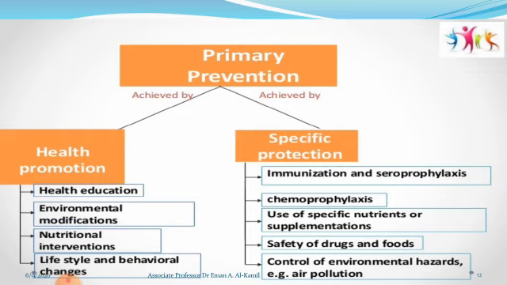Lifestyle and behavioral changes should be started as early as possible, as mentioned previously, while specific protection is mainly by immunization and seroprophylaxis. Immunization is one of the most important aspects in the prevention of infectious diseases, and it has brought tremendous changes in mortality and morbidity among children all over the world through the establishment of the immunization schedule globally.